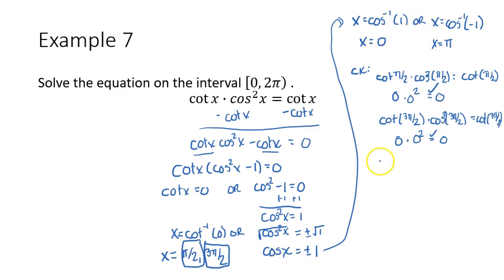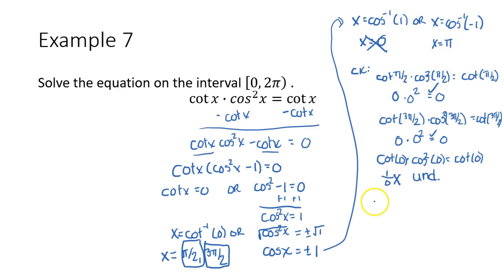All right, let's check 0. The cotangent of 0 times the cosine squared of 0 should be equal to the cotangent of 0. The cotangent at 0, that's going to be 1 over 0, which is undefined. So 0 is not a solution to the problem.